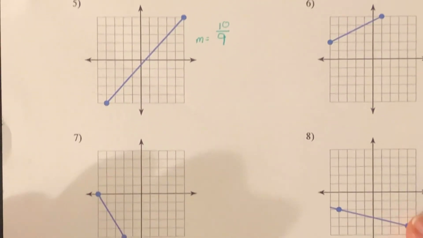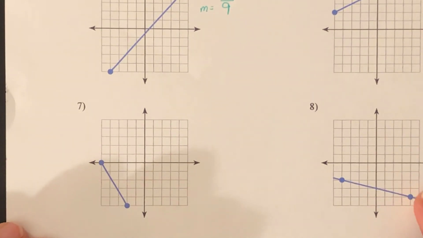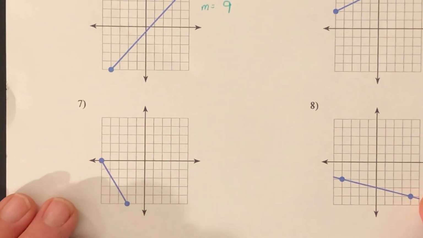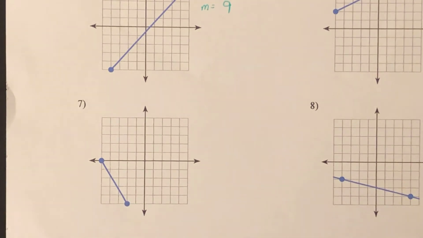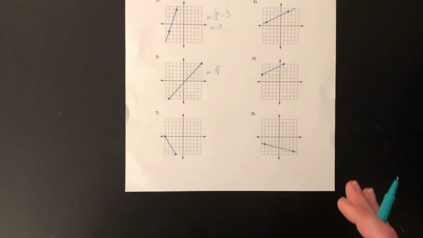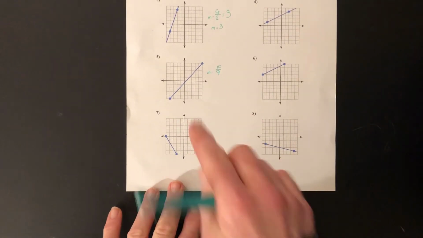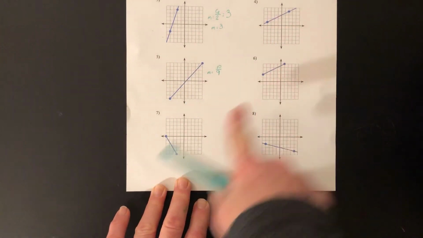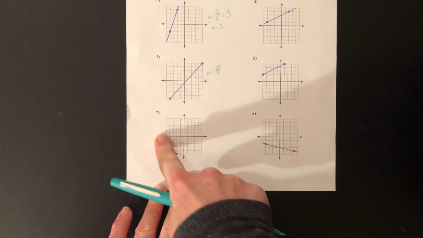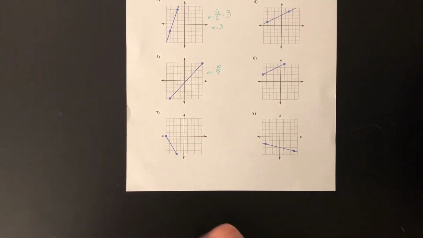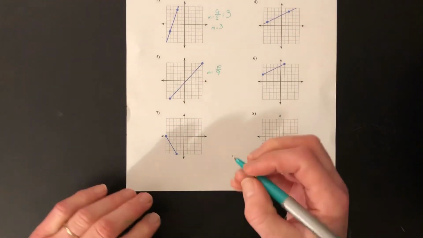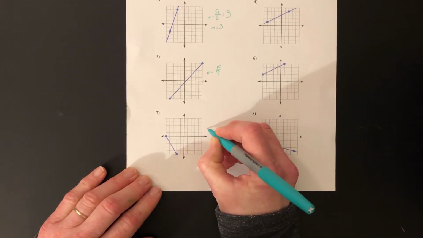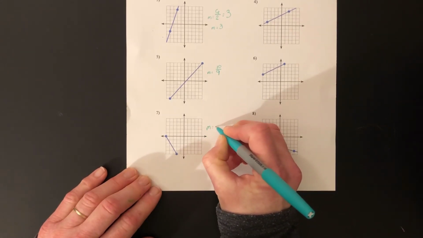Number 7, something looks different about number 7. I don't know if you've looked carefully at it, but let's zoom back out and just take a peek at all of them together. You see this one? This one is a negative slope. It is arched this way instead of this way. So I already know my slope is going to be negative.